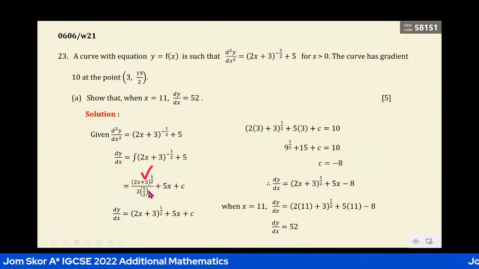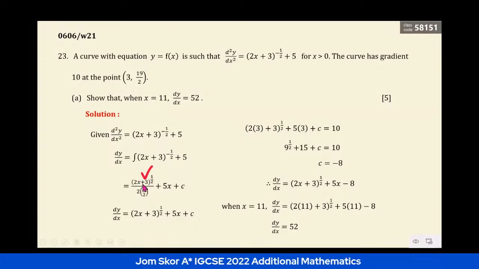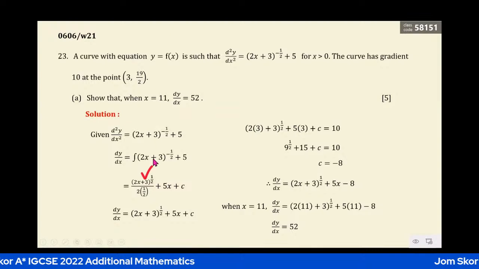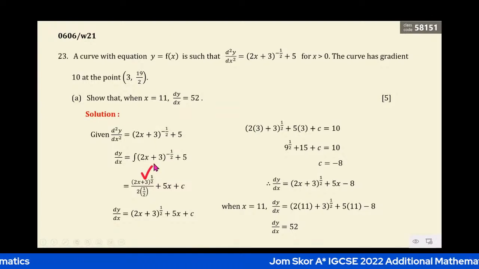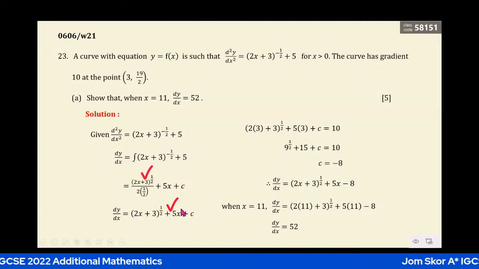No matter what the value underneath is, as long as you have 1 over 2, we award you 1 mark for attempting to integrate this function. You all know that when doing integration, the power must be plus 1. Next, if you get everything correct like this, it is complete.